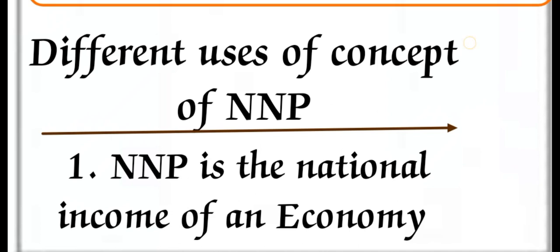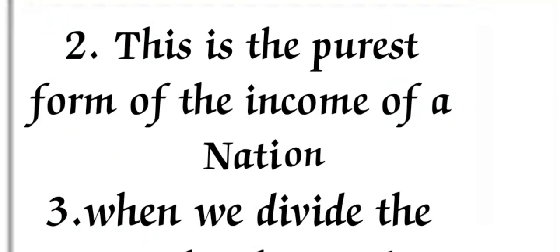For sure we can say that this is the purest form of the income of a nation. Because of all the formulas of GDP, NDP and GNP, in the end we can say that NNP equals GNP minus depreciation. Here GNP means GDP plus income from abroad.